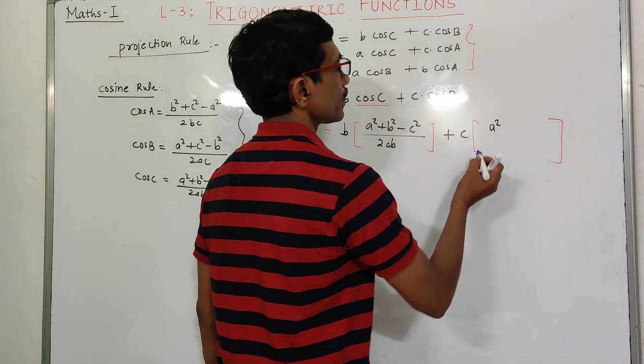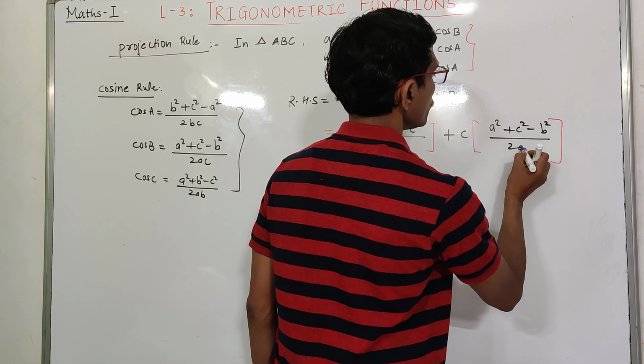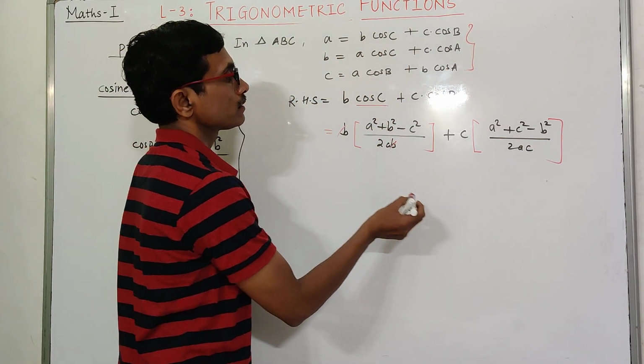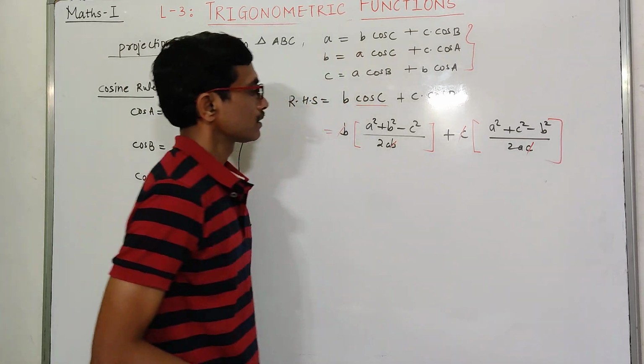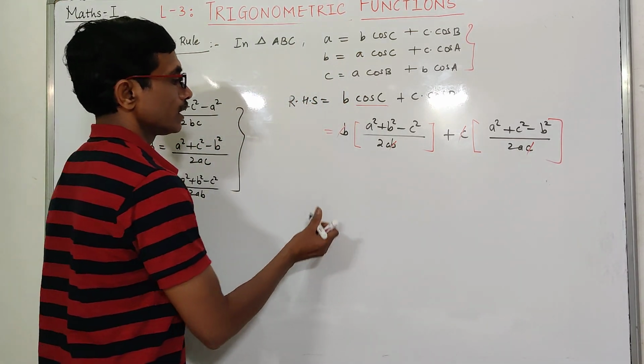Now what can we cancel? b we cancel, c here we cancel. What is left in the denominator? 2a. So 2a in the denominator.